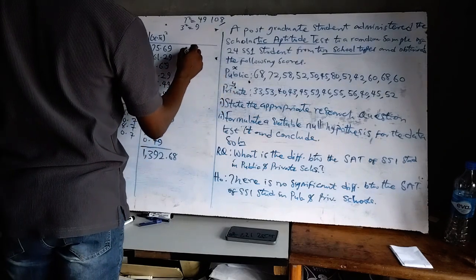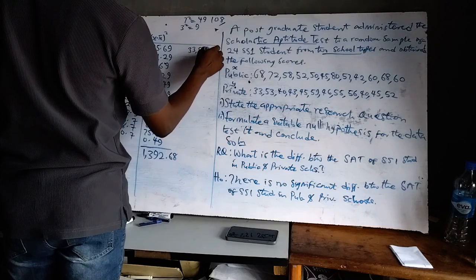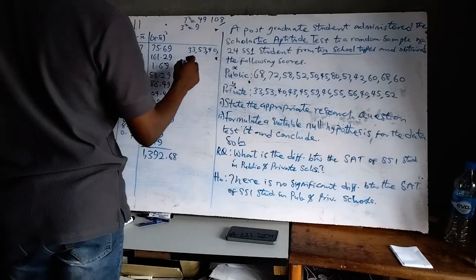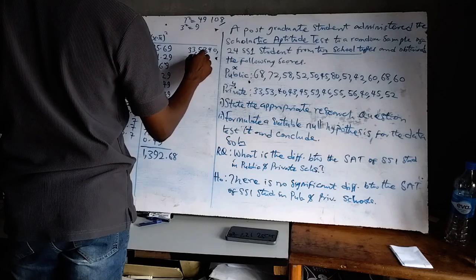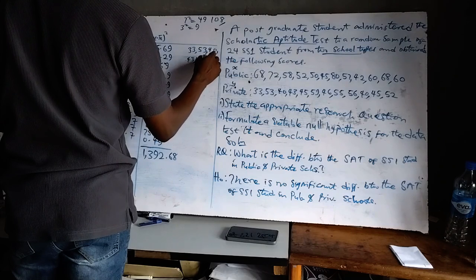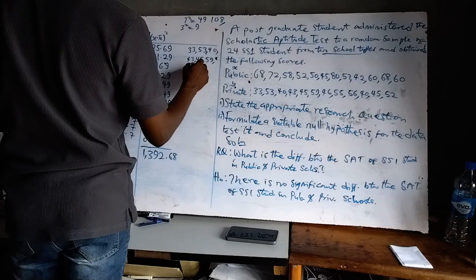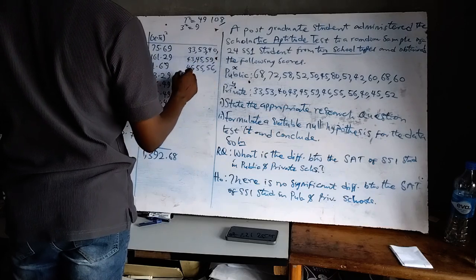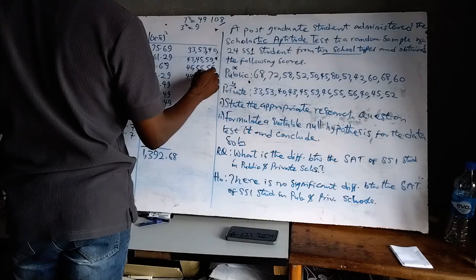So this is 33, 53, 40, 43, 45, 59, 46, 55, 56, 40, 45, and 52.